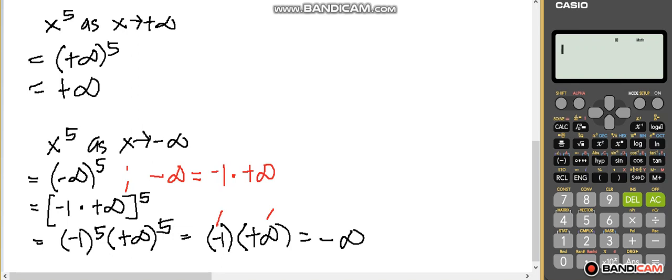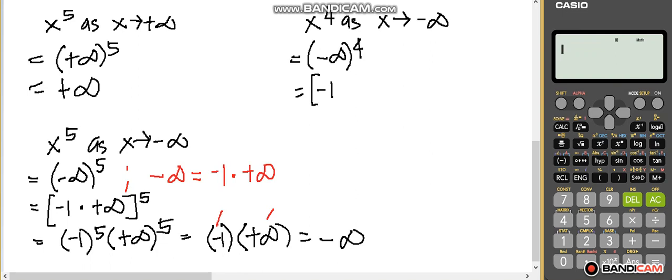Paano naman kung ganito? X raised to 4 as x approaches negative infinity. So, similar nung ginawa natin dito sa unang dalawa, i-substitute lang natin yung negative infinity for our variable x. So, that's negative infinity raised to 4. Again, class, negative infinity is equal to negative 1 times positive infinity raised to 4. Now, distribute our exponent.